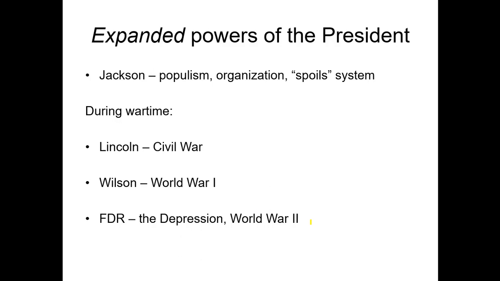But during the wartime periods is when the presidents have really expanded power. In these cases, though, it was temporary. We talked about already how President Lincoln, in order to win the Civil War, did pretty much anything he could possibly do. He suspended habeas corpus and arrested without warrants.